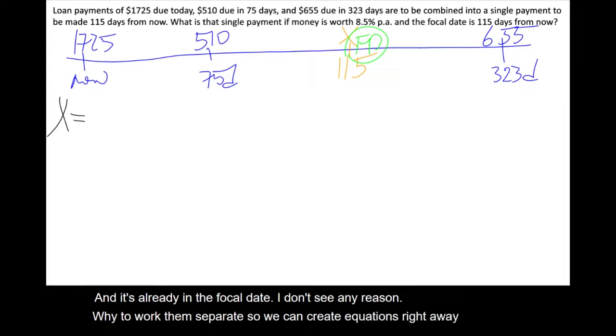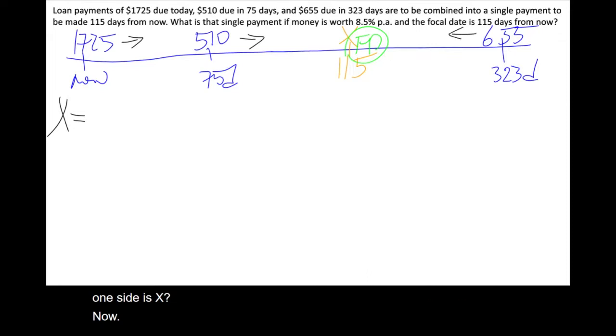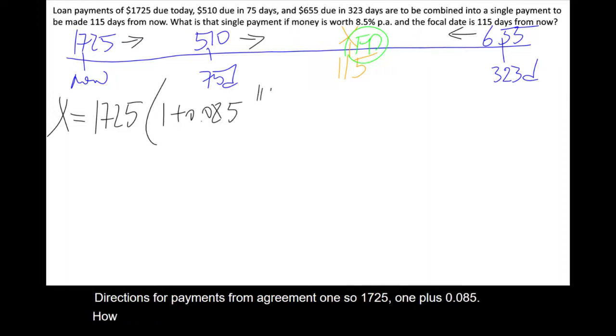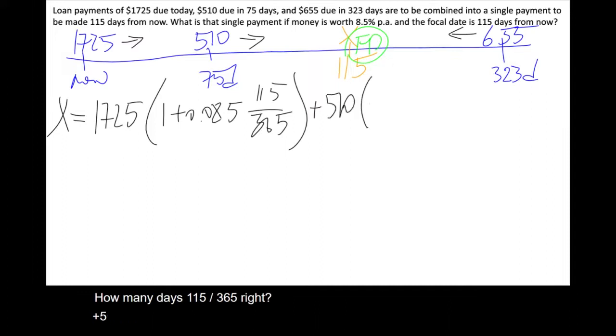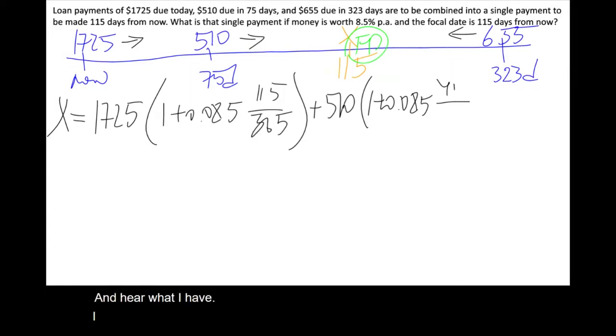So from one side is X. Now those directions for payments from agreement 1. So 1725 times 1 plus 0.085 times 115 over 365, right? Plus 510 times 1 plus 0.085, and here what I have is 40 days, right?